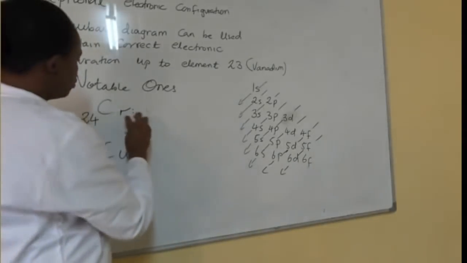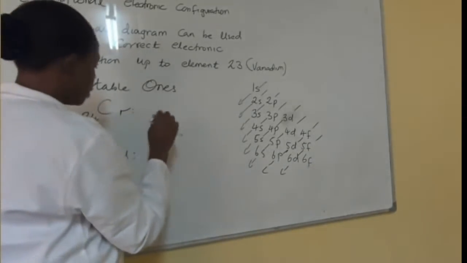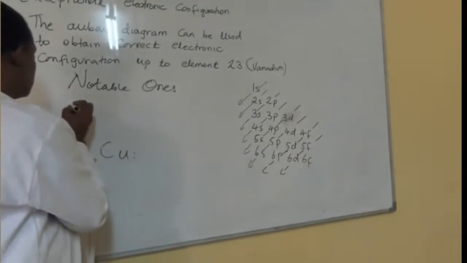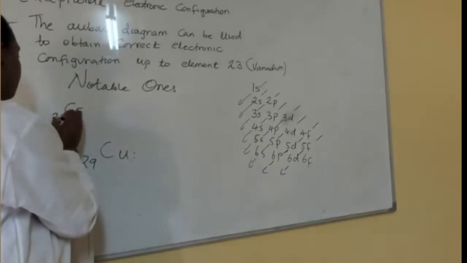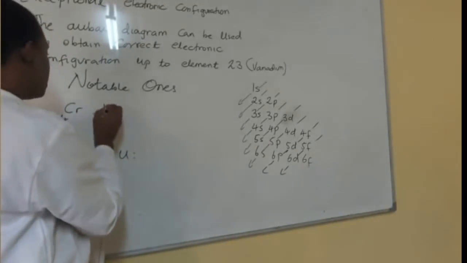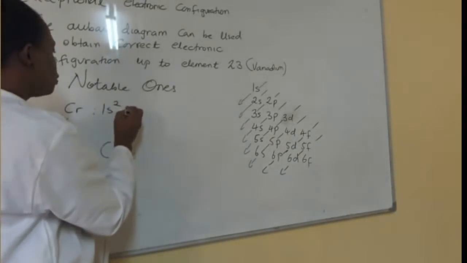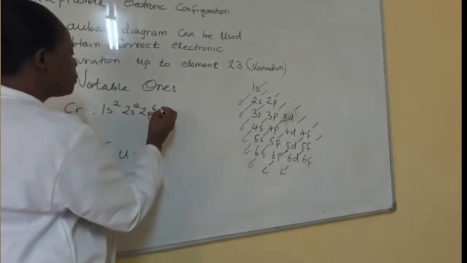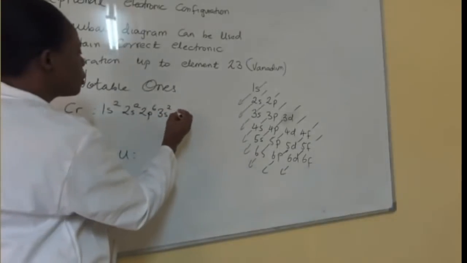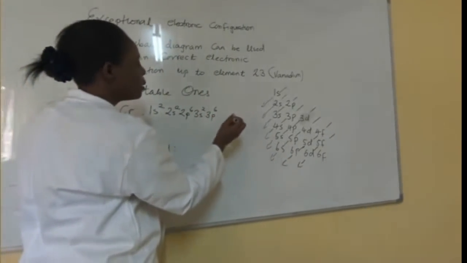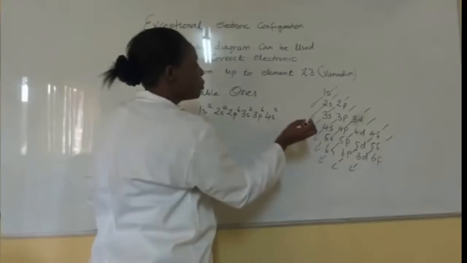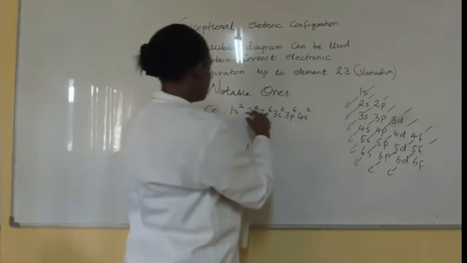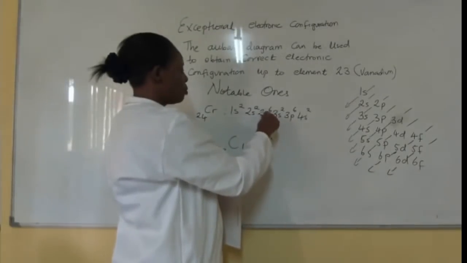Okay, so if we start with chromium, it will be 1s2, 2s2, 2p6, 3s2, 3p6, 4s2. Okay, so let's see how many we have distributed.